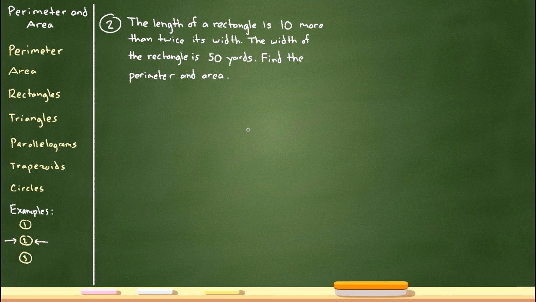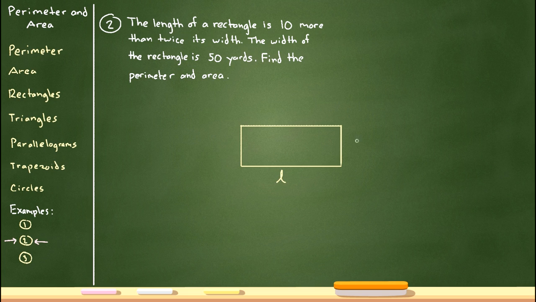With some word problems, it's going to be helpful to draw a figure. Now you don't need to, but even for me, it'd be easier to see the rectangle that they're talking about. So we're talking about a rectangle here, so let me go ahead and draw a rectangle. Okay, so there's a rectangle.